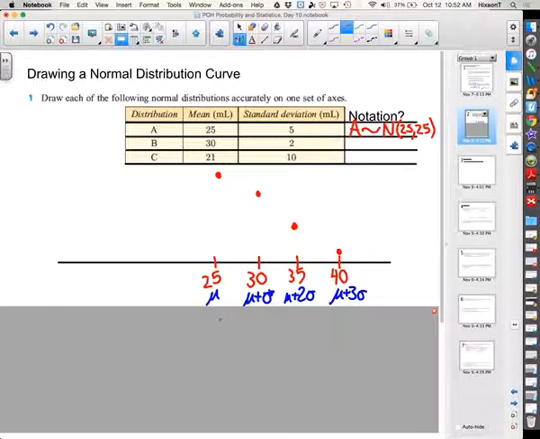Okay? And I can use this now to draw the right-hand side of my normal curve. Any questions so far?